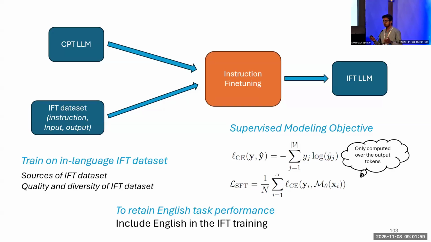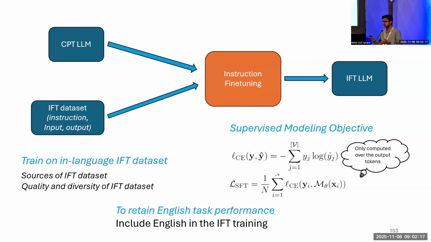The instruction would be something like, summarize the following paragraph. The input would be that paragraph, and the output would be the reference summary in our dataset. And we use this dataset to fine-tune our CPT LLM, and that's how we arrive at our IFT LLM.